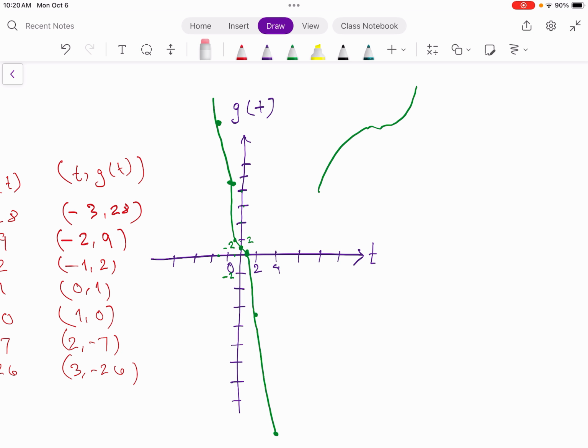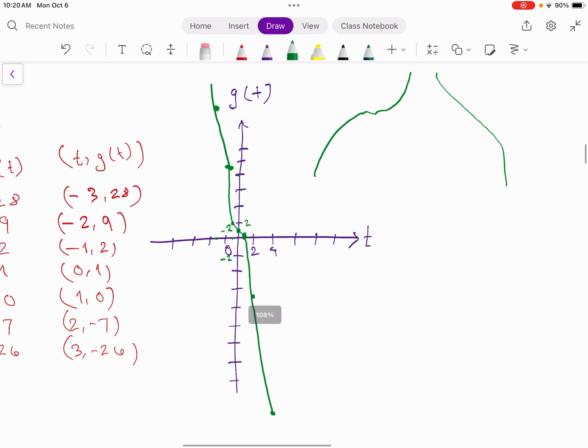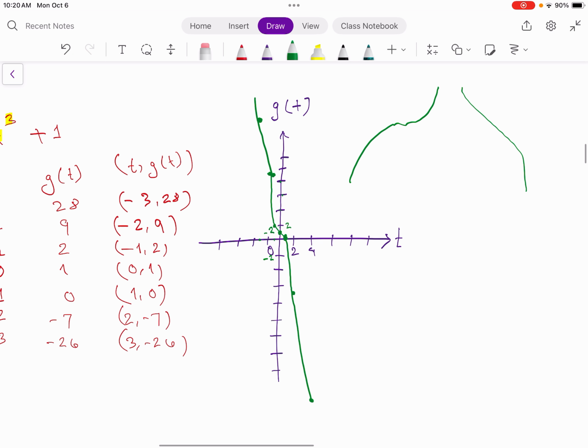Not exactly the same, but very similar. Okay, so this is a cubic function. Okay, any question on this part?